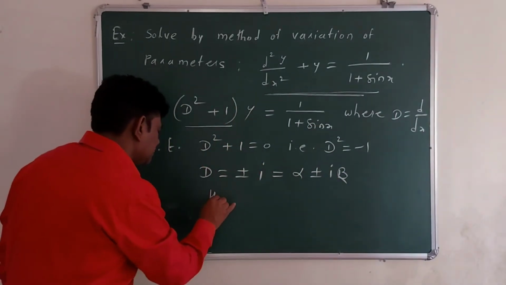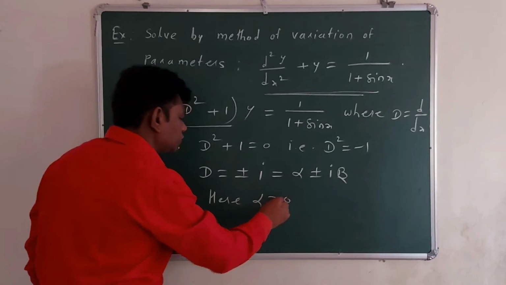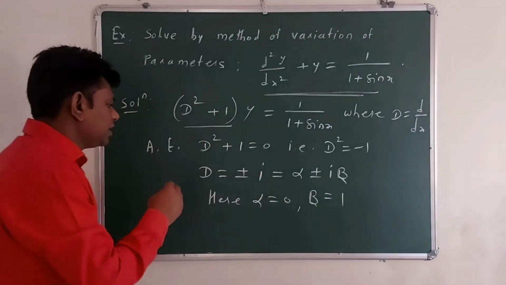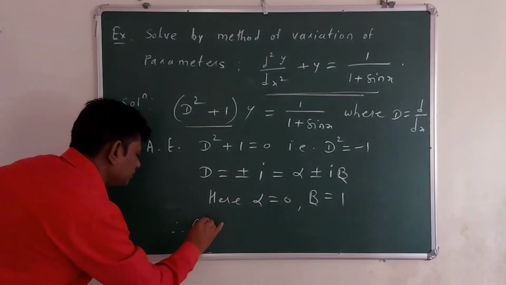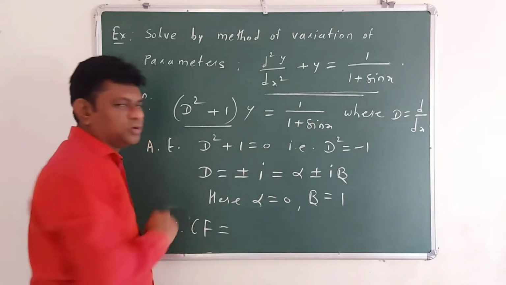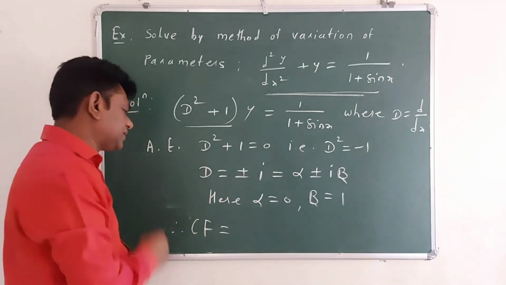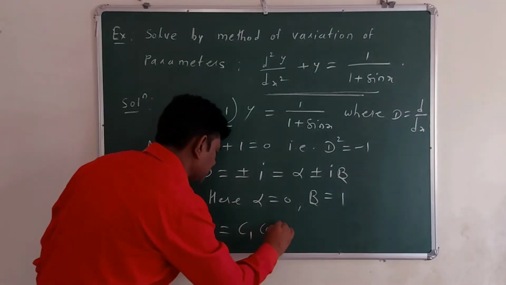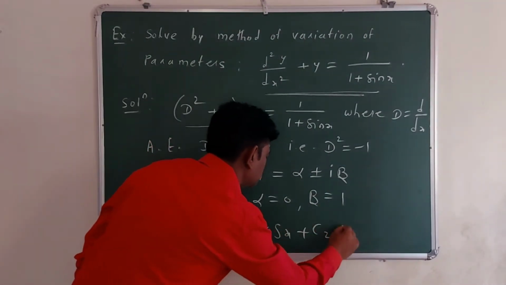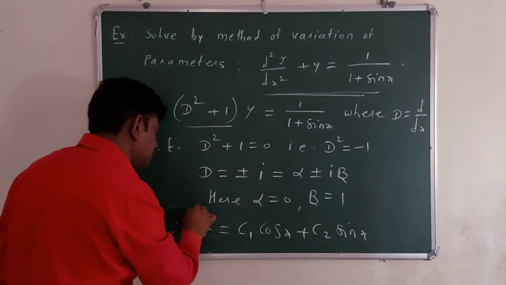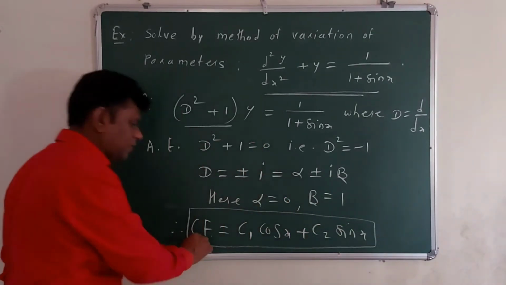So here α = 0 and β = 1. Therefore, the complementary function is e^(αx), but α = 0, so e^0 is 1, times (C1 cos βx + C2 sin βx), and β is 1, so C1 cos x + C2 sin x. This is the complementary function for the given problem.